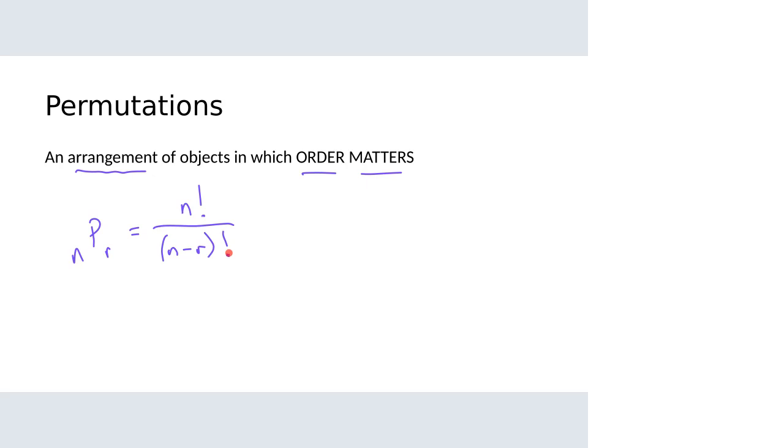Pretty important for us to figure out that that exclamation point means factorial, because we're going to use that symbol right here in this formula for permutation. What we have here is n is the total number of objects and r is the number in use.